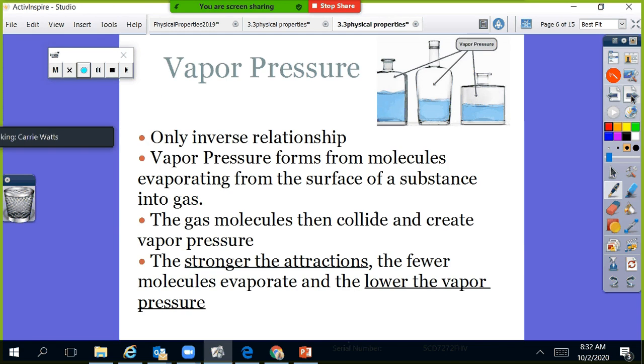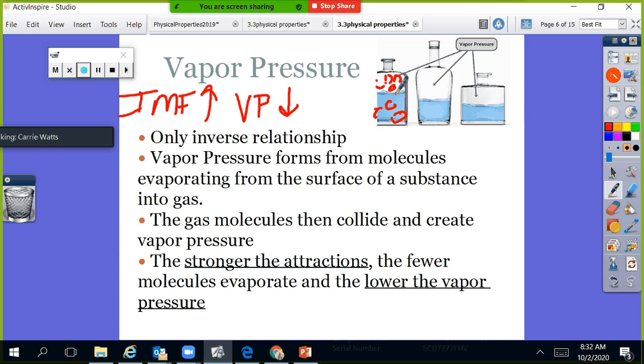Now vapor pressure is something that can confuse people, and it's the only inverse relationship, meaning as the intermolecular forces increase, vapor pressure decreases. What happens is molecules in the liquid evaporate and go into the gas phase.